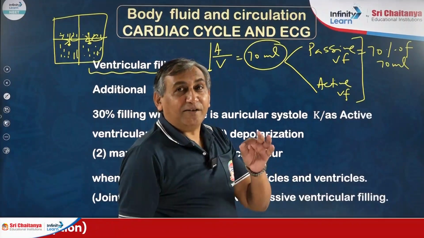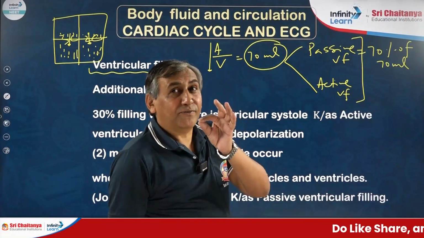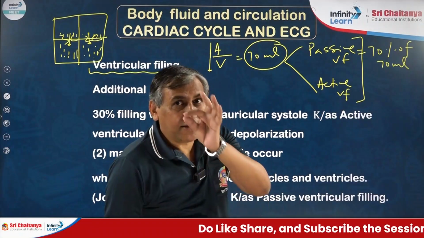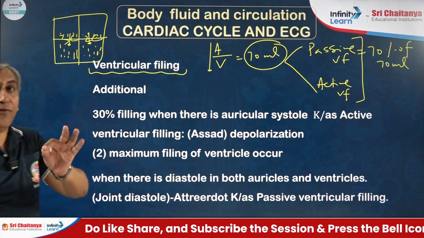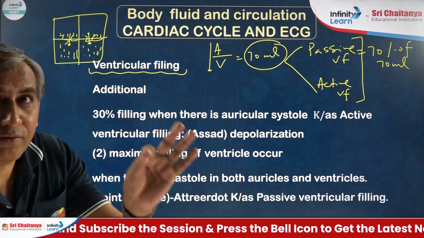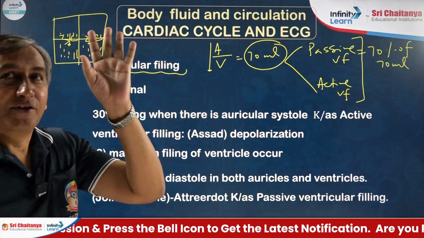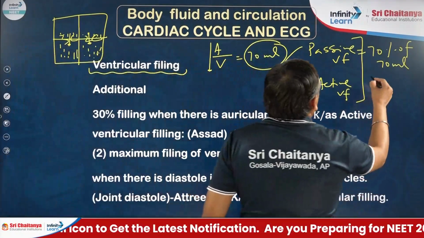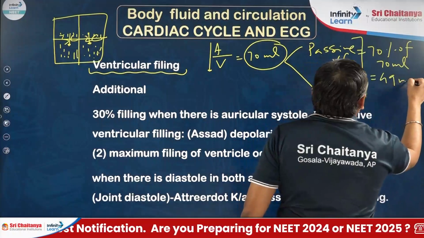So 70% of the 70 ml is coming into the ventricle by the process of passive ventricular filling. So it is about 49 ml. Are you getting? 49 ml.